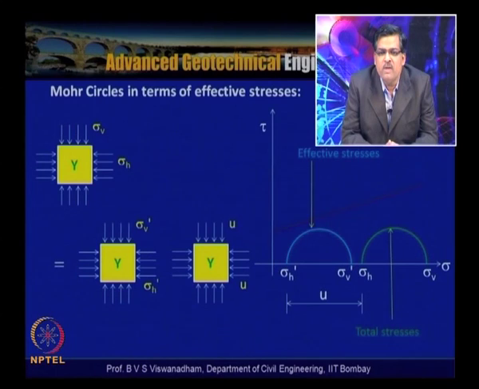But when we have effective stress conditions, it is said as C dash and phi dash, called the effective cohesion and the effective friction angle, or effective angle of internal friction.